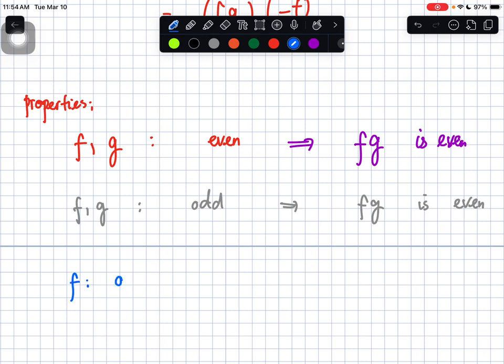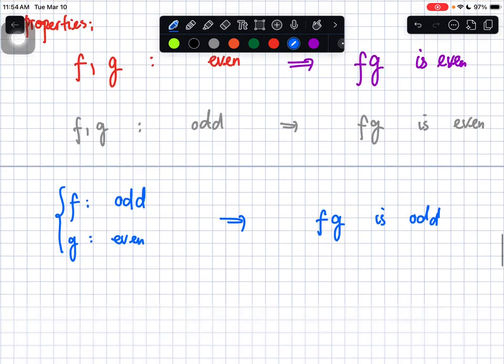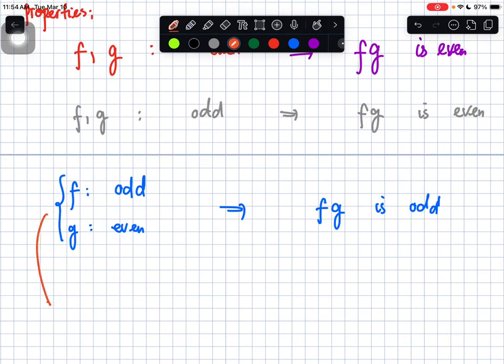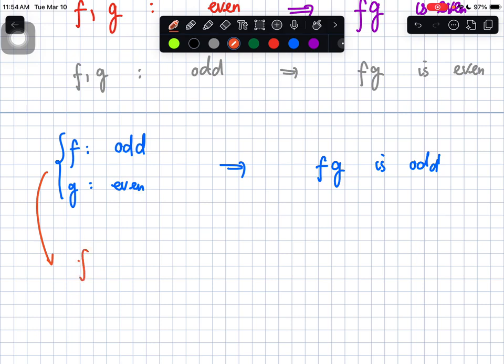Let's say f is odd, g is even. Then f times g is odd. Let me show the last one here. f is odd, f of minus t equals minus f(t). g of minus t equals g(t).